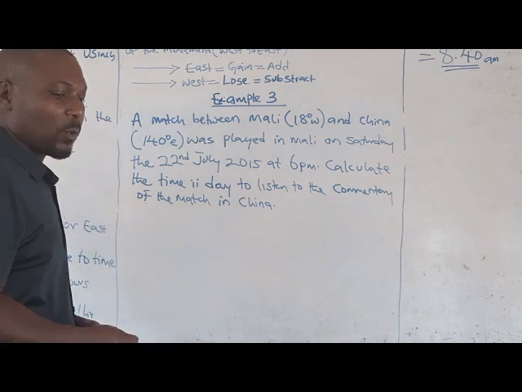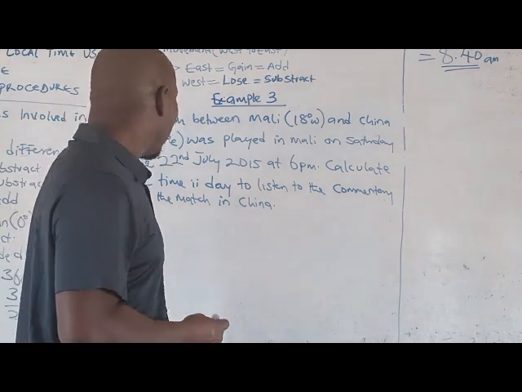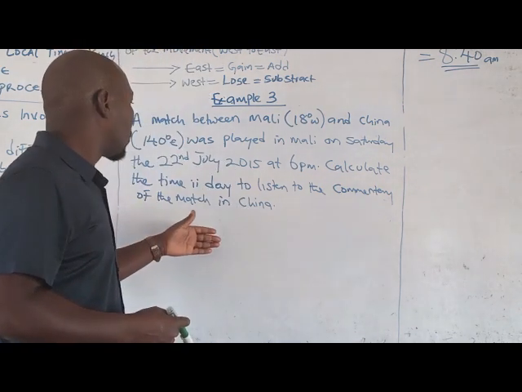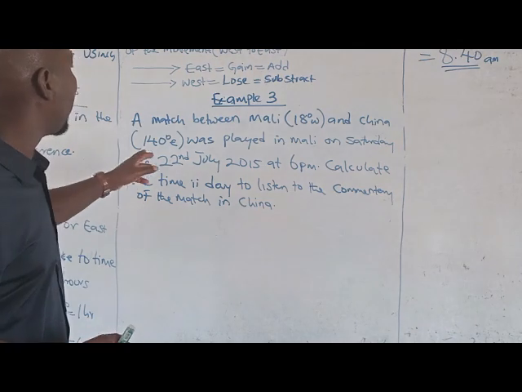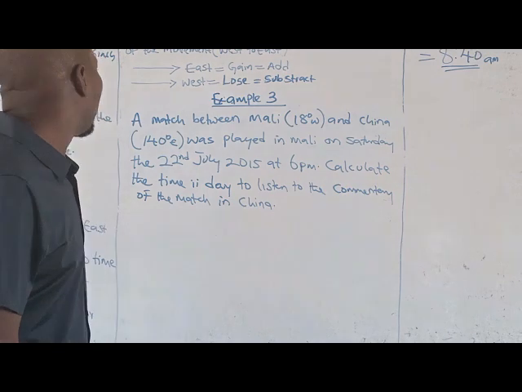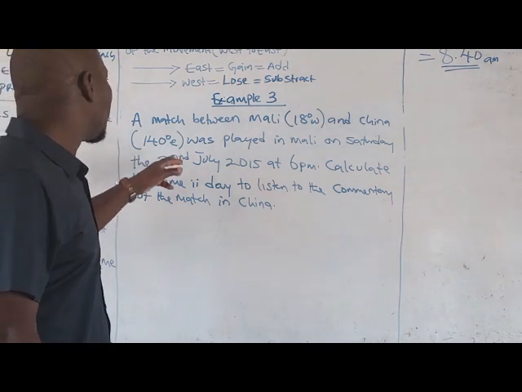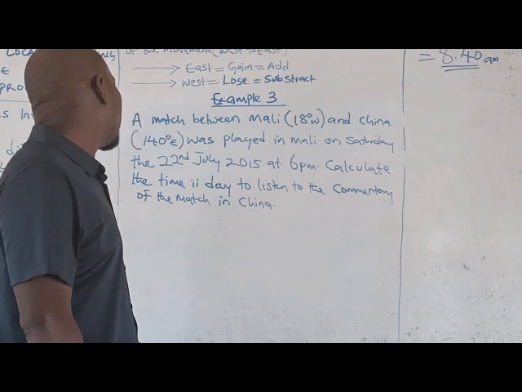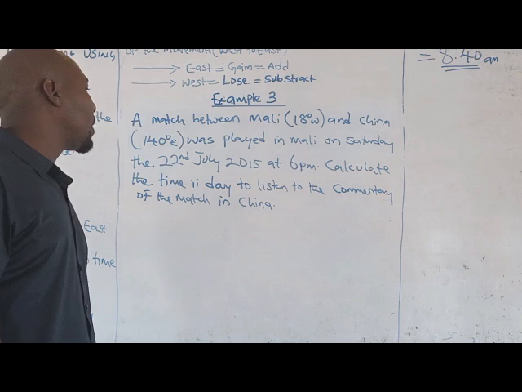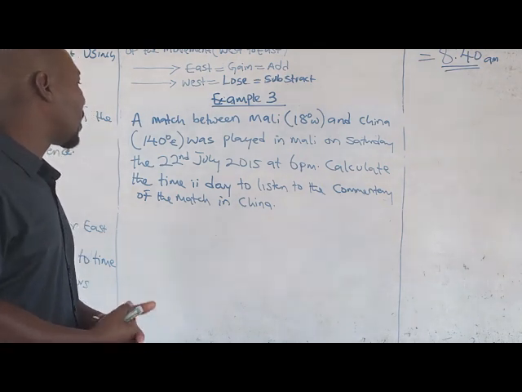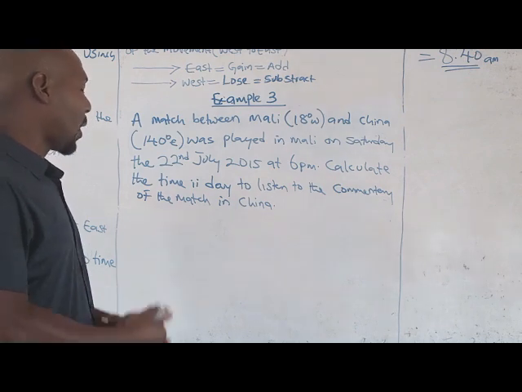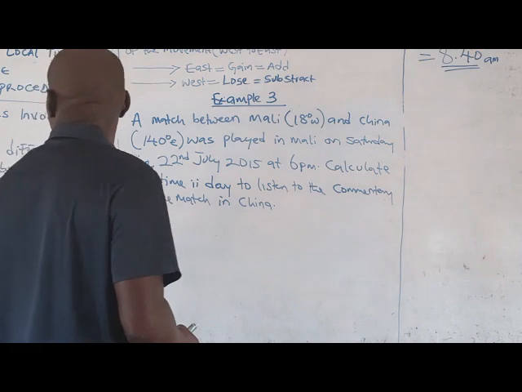So this question is somewhat confusing, but when we know the formula, it will be as easy as we don't expect. Now they are asking us to calculate two things: the time and the day to listen to the commentary in China. So let's quickly go to our formula.